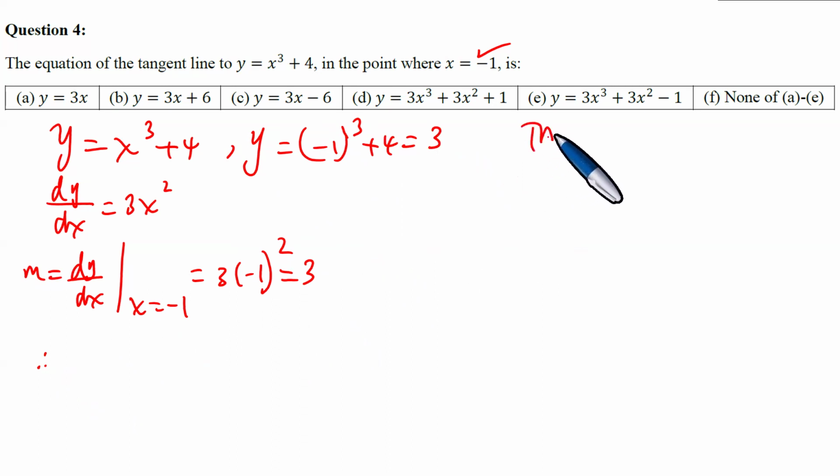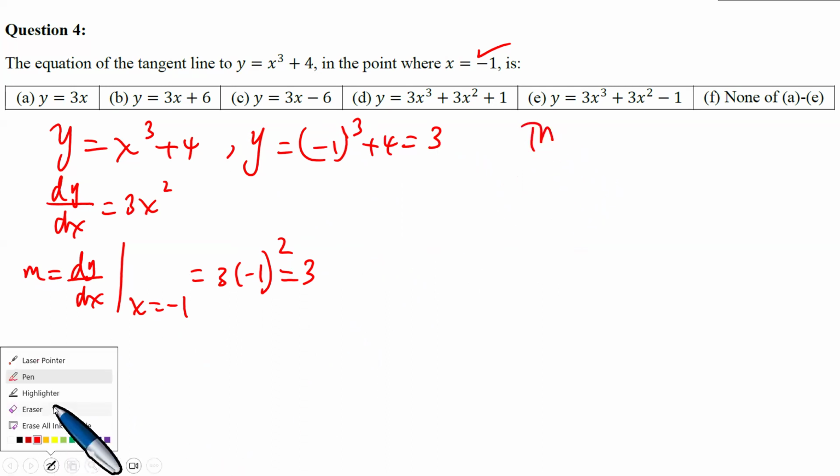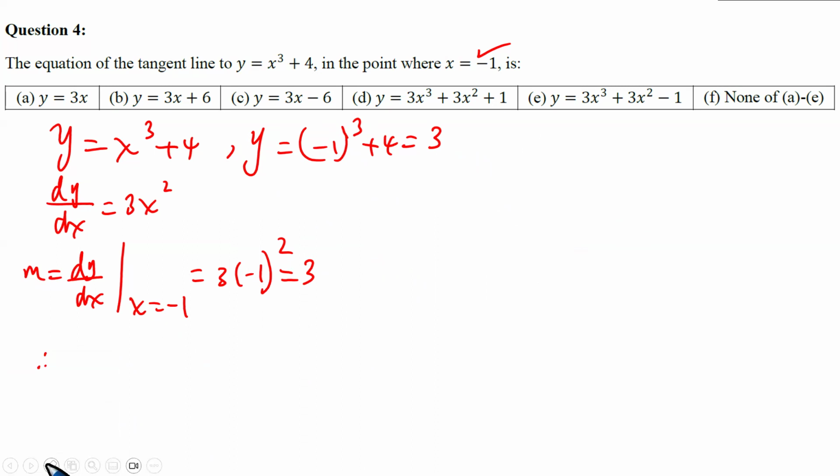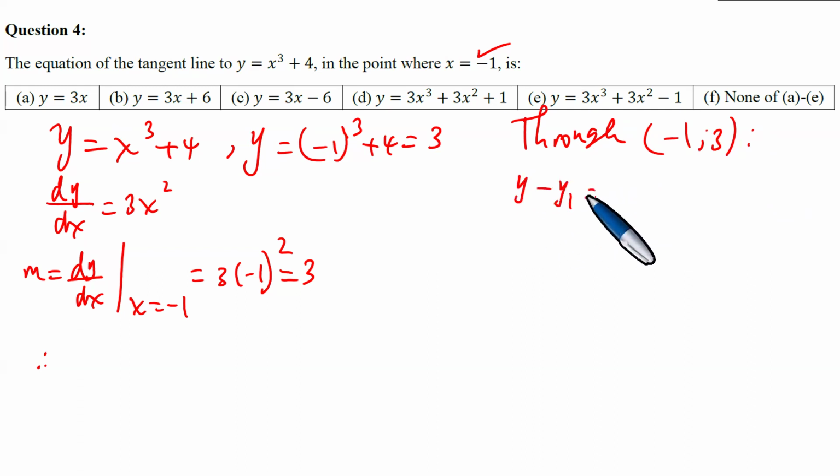Now, this passes through the point where x is -1 and y is 3, which means y minus y1 equals m times x minus x1.